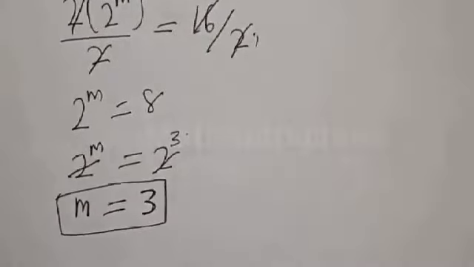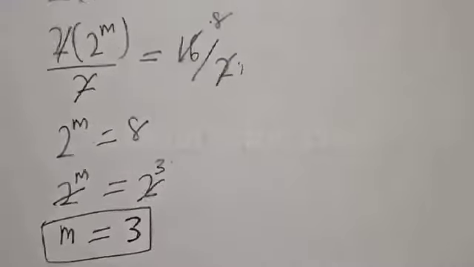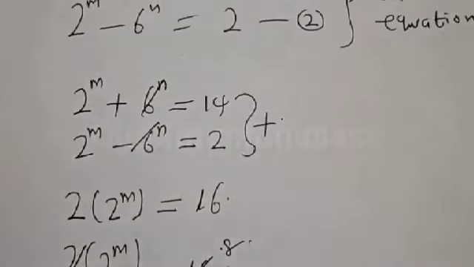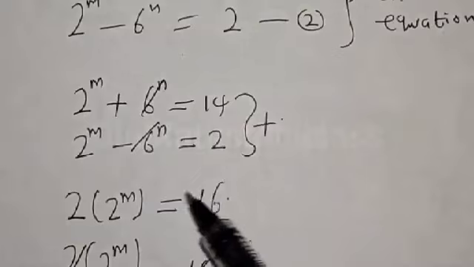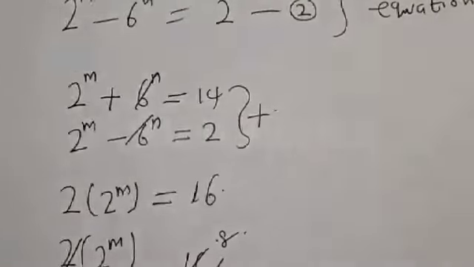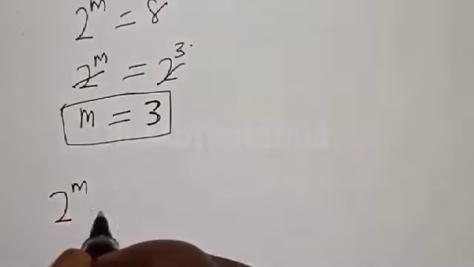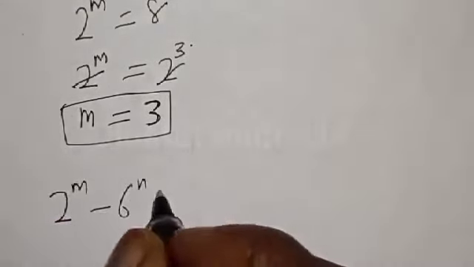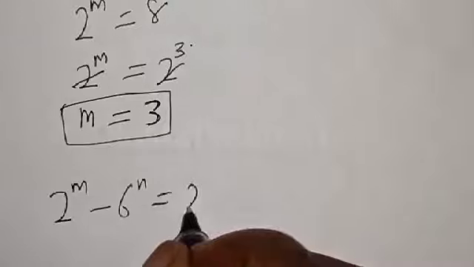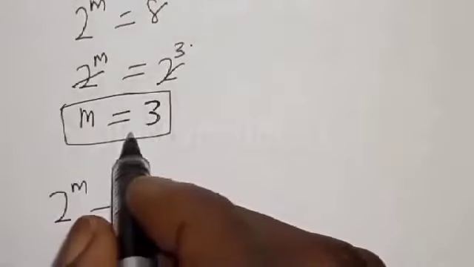Then also, let's substitute for m in either equation 1 or 2. I'm going to pick equation 2 for my own case. 2 raised to the power m minus 6 raised to the power n is equal to 2, with m equal to 3.